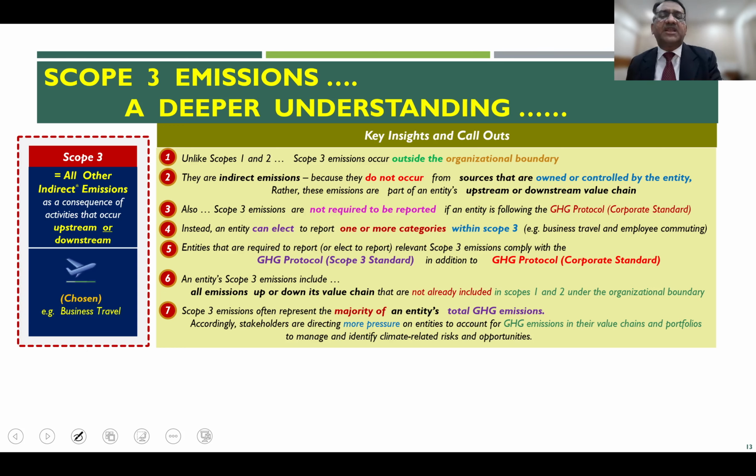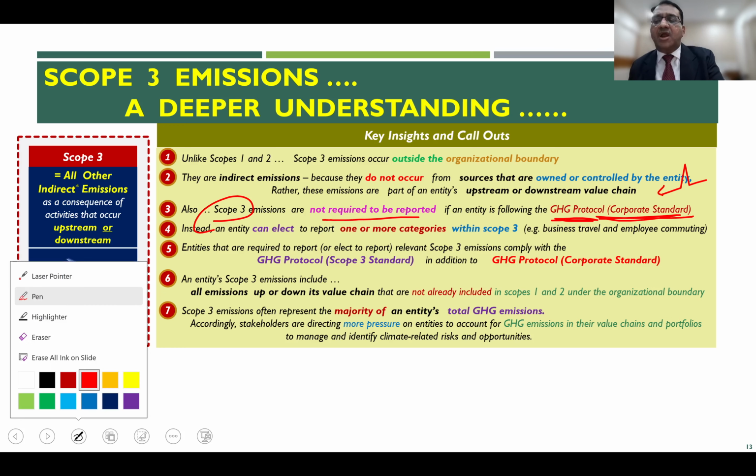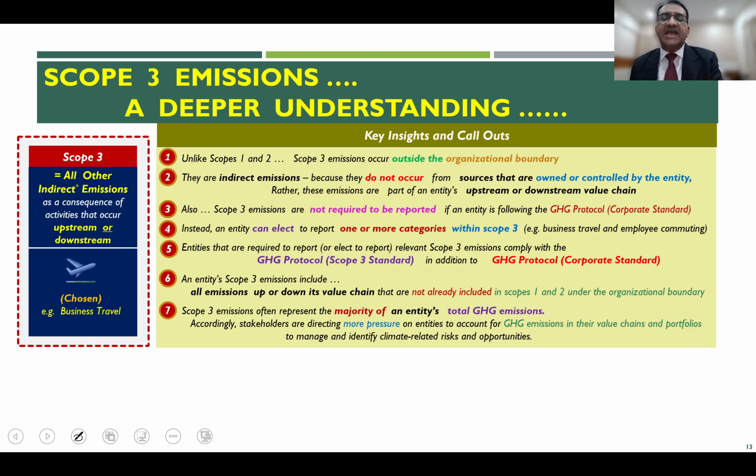Also, scope 3 emissions are not required to be reported if the entity is following the GHG protocol corporate standard. If the corporate standard is being followed by the reporting entity, then scope 3 emission reporting is a choice. It need not be reported. Instead, an entity can elect.